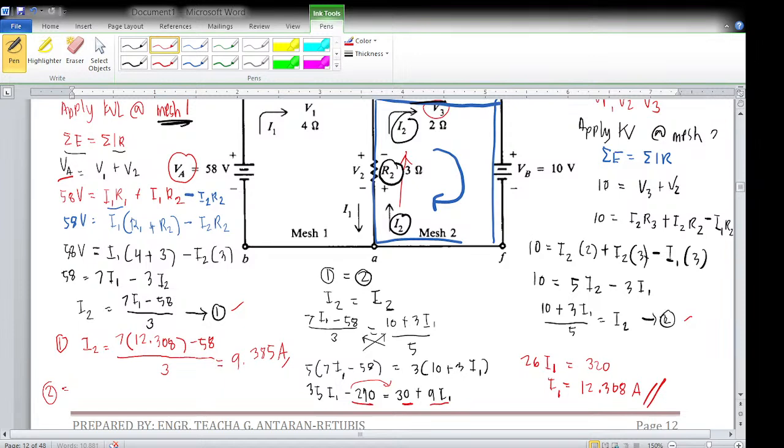For the second equation, we have I sub 2 is 10 plus 3 times I sub 1, which is 12.308, over 5.